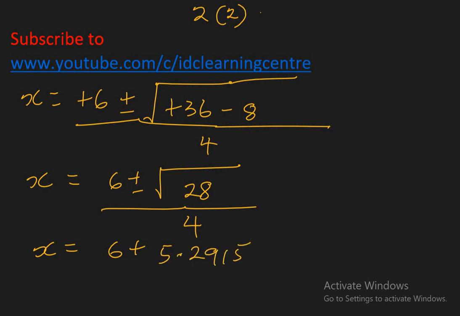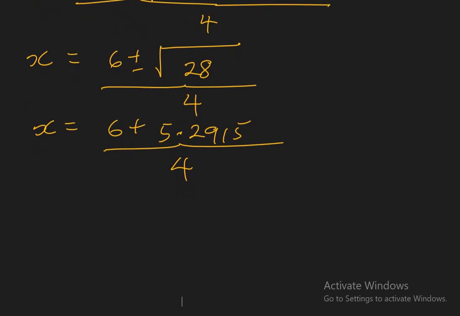I approximated it. Divide by 4. X here is approximately 2.82 to 2 decimal places. That's for the positive side of x.